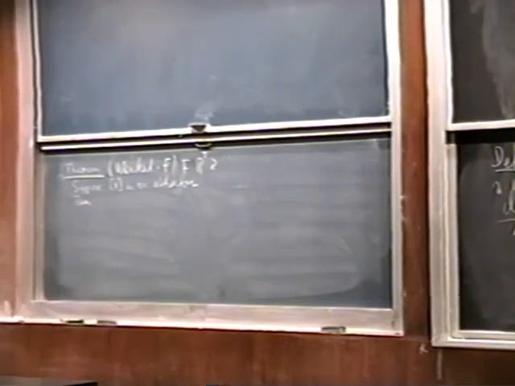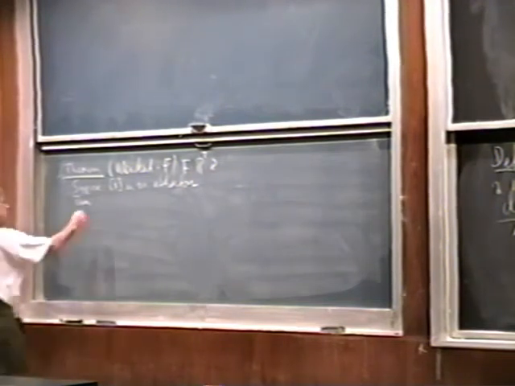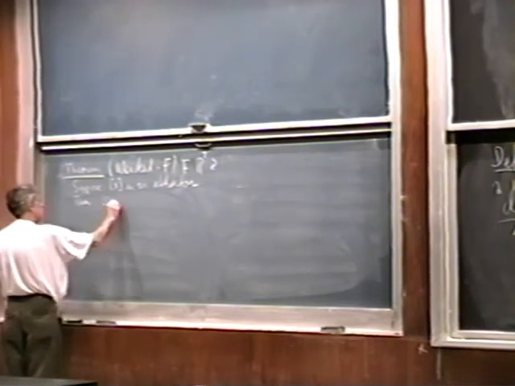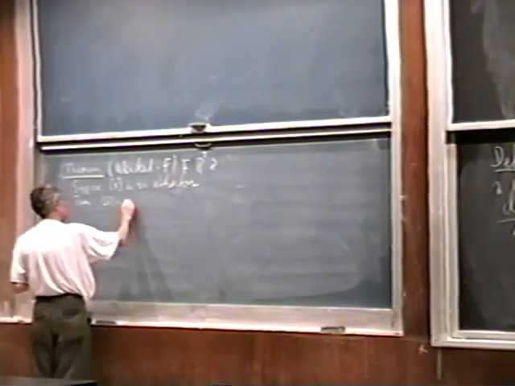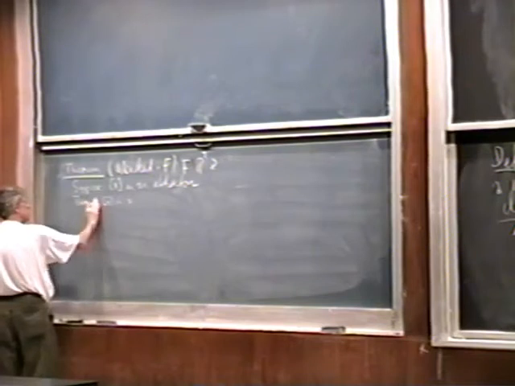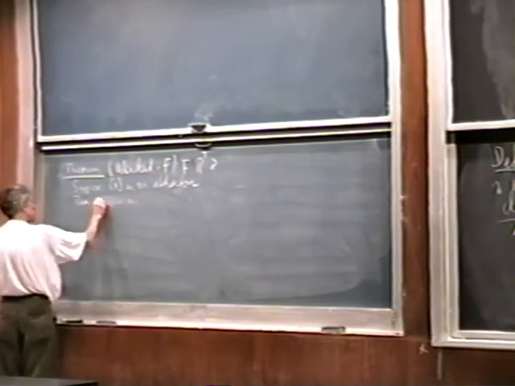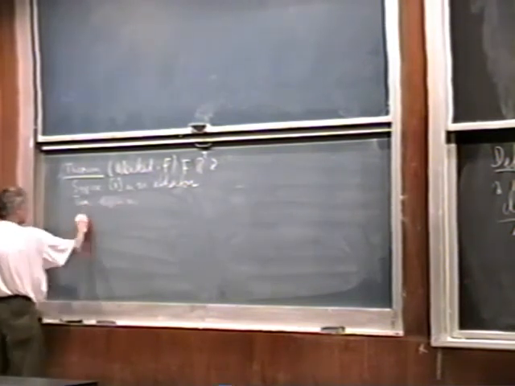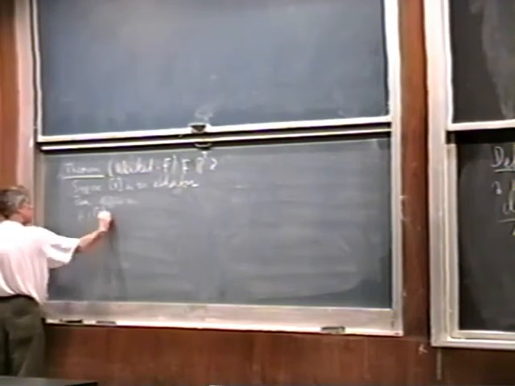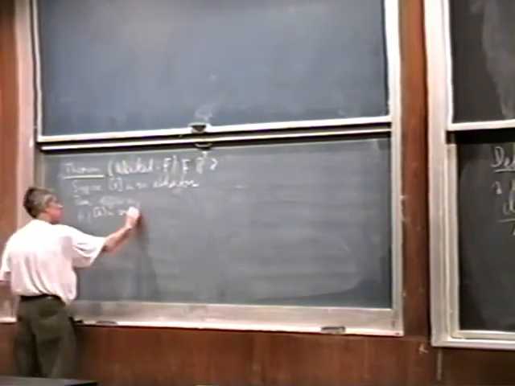In P1 you can have a periodic orbit, or it can be all of P1. So X is then, well, let's see, either X is an attracting periodic orbit.